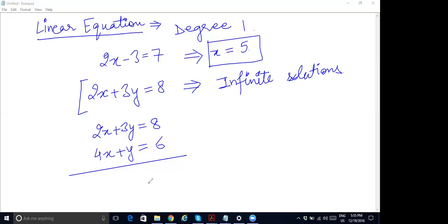So how do you solve the equations when we are given two equations? I was trying to see if I can get rid of one variable.